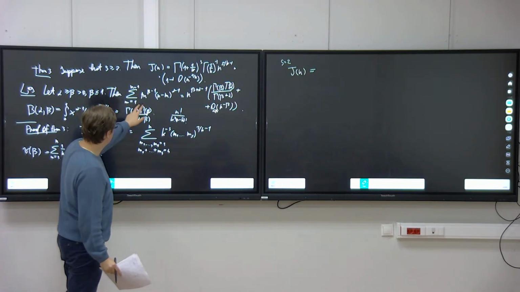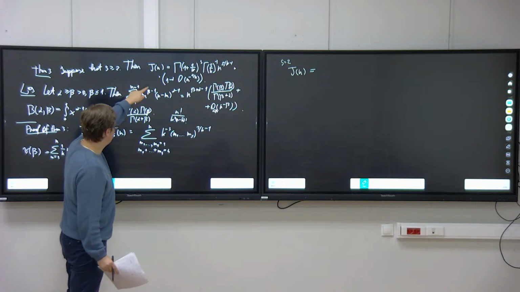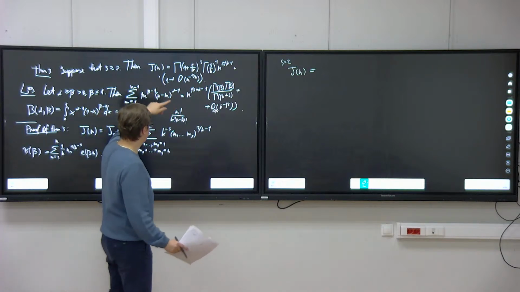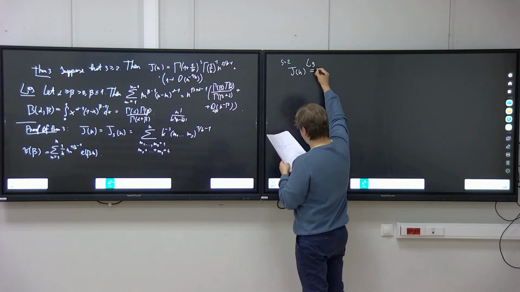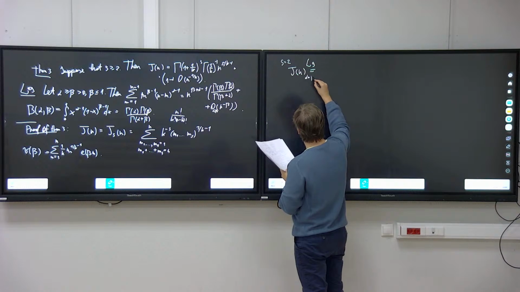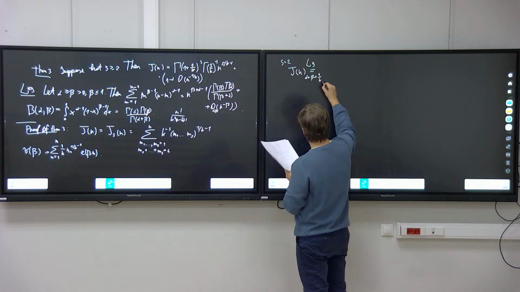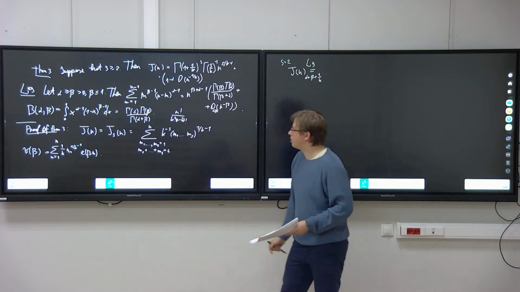Do you agree? So here is the sum, two sums with sum n, one to the power beta minus 1, another to the power alpha minus 1. And so in lemma 9 we should take alpha equal to beta equal to 1 over k, and this is exactly our sum in lemma 9. Okay?